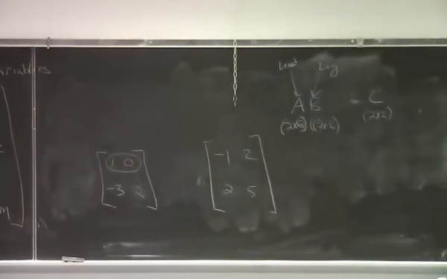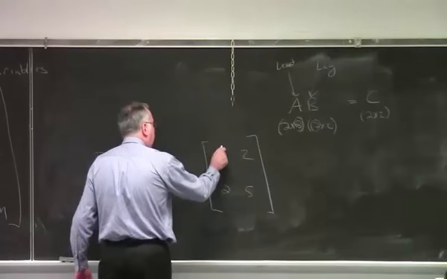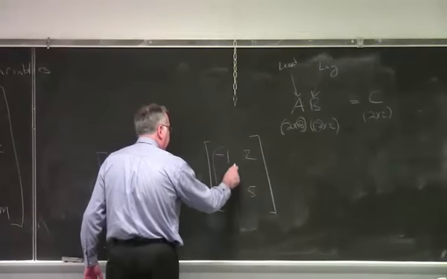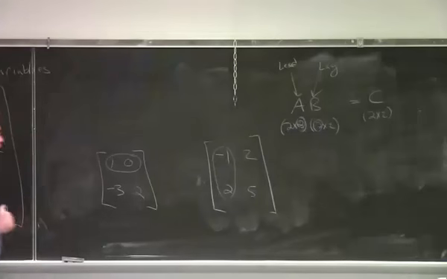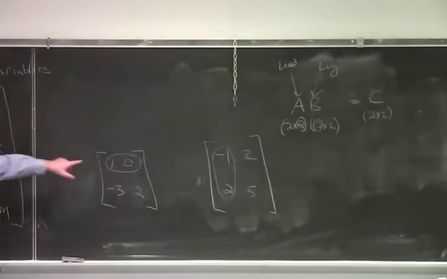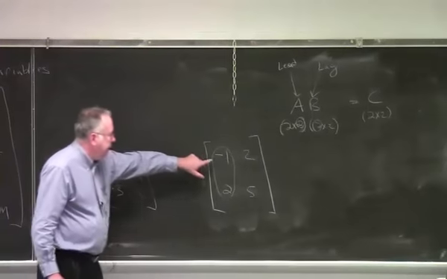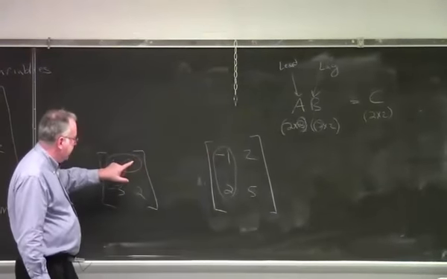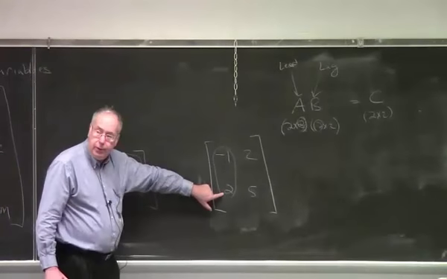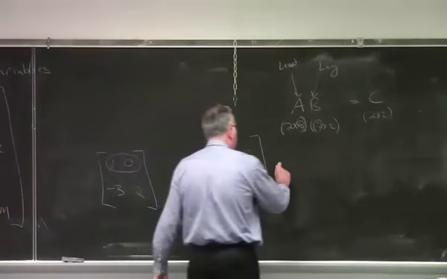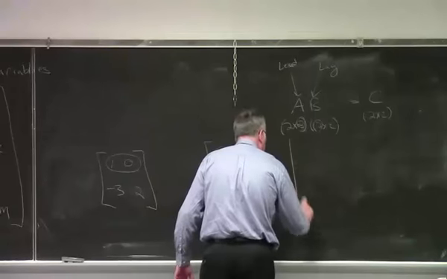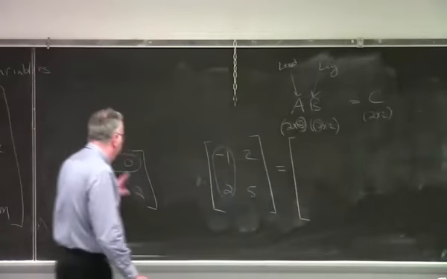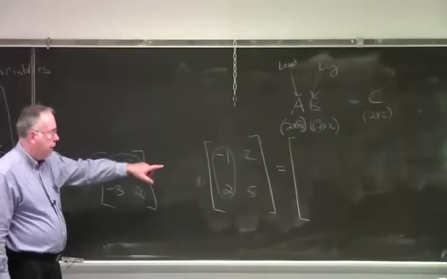Then what you're going to do is multiply that row times the first column of the lag matrix. And you multiply it in this way. You multiply 1 times -1 plus 0 times 2. And that will give you the element in the product matrix, first row, first column.